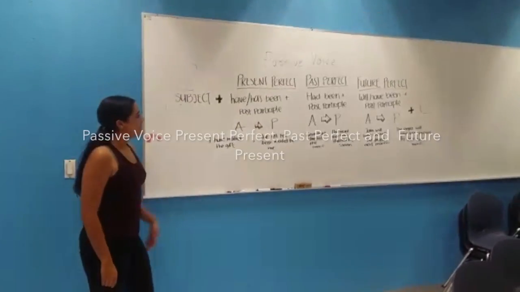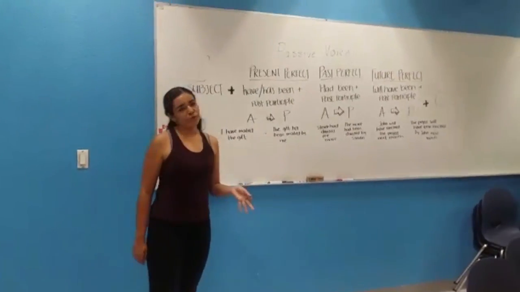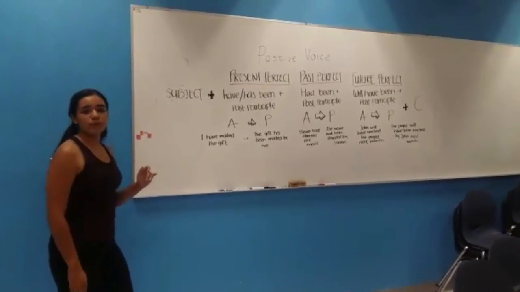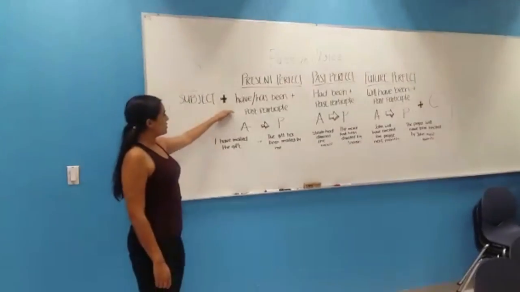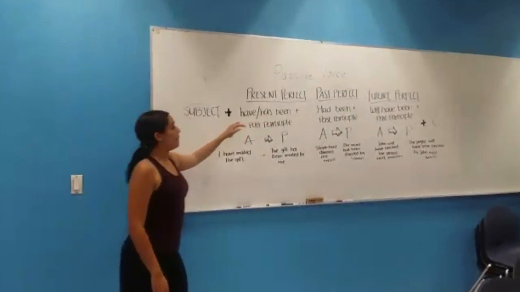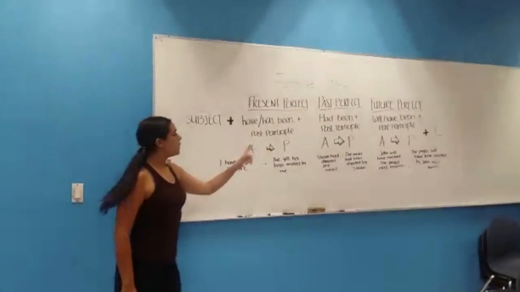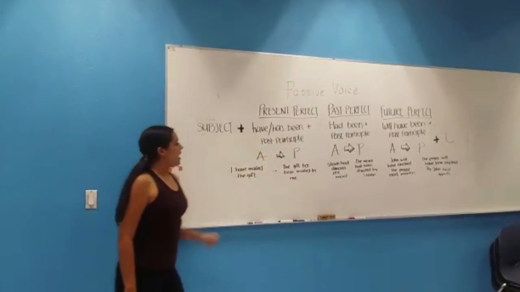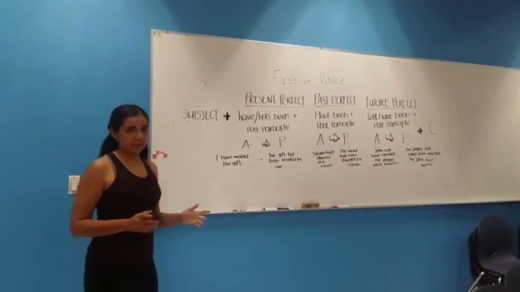Now the passive voice for present perfect, past perfect, and future perfect. First, for present perfect, we always have the subject plus have or has, depending on the subject, and the auxiliary been, plus the verb in past participle. Here's an example.